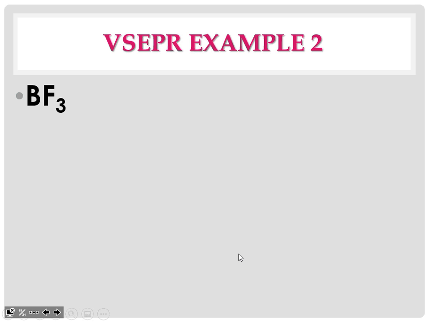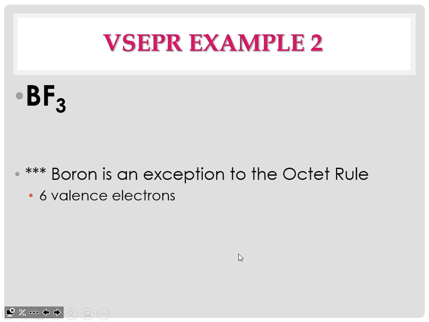BF3. Now, the thing about boron that you just need to memorize is that boron is an exception to the octet rule. When boron bonds, it has 6 valence electrons. So as I draw my boron, each boron has 3 valence electrons.